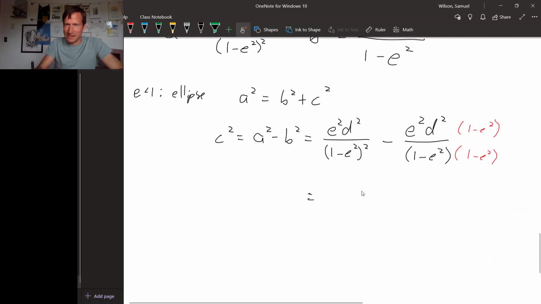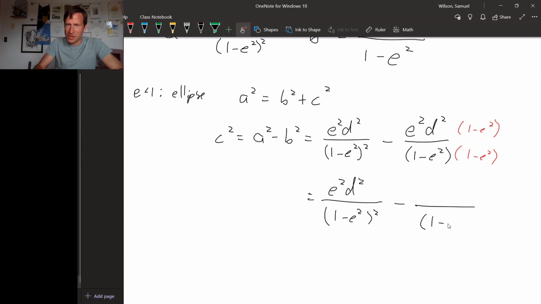We get e squared d squared over 1 minus e squared squared minus, so our new denominator over here is 1 minus e squared squared, and in the numerator I'm going to distribute this stuff. We get e squared d squared minus d squared e to the fourth.